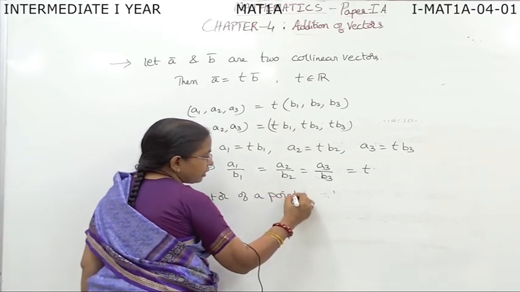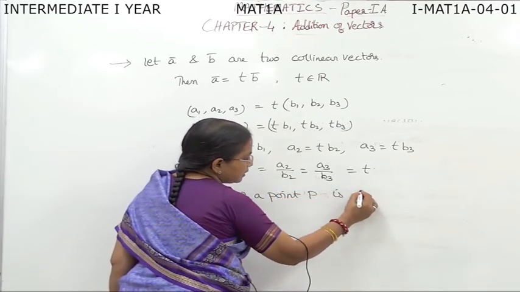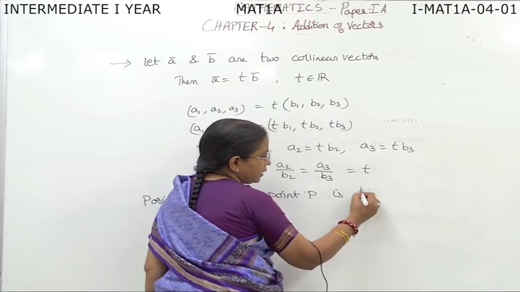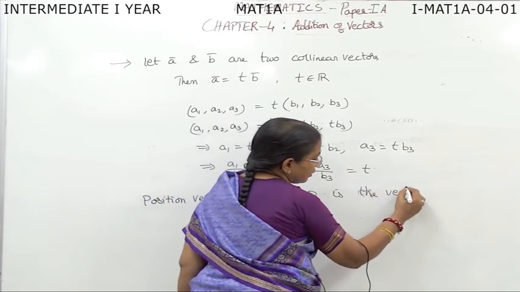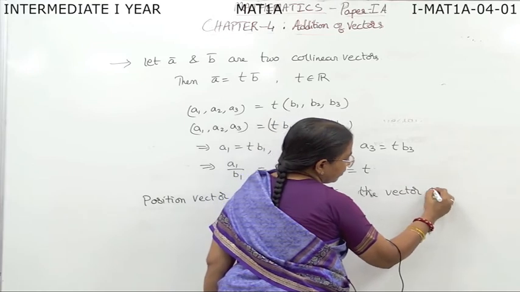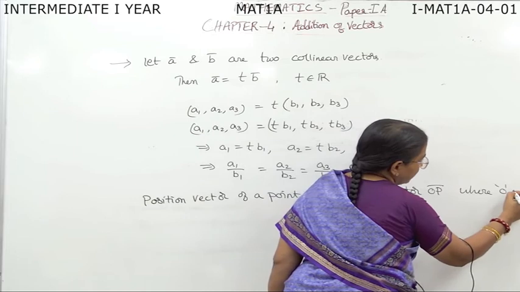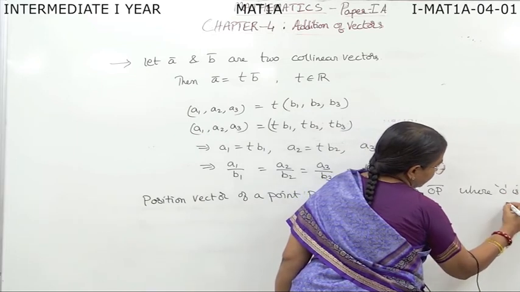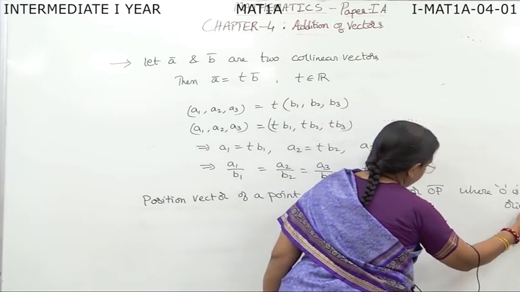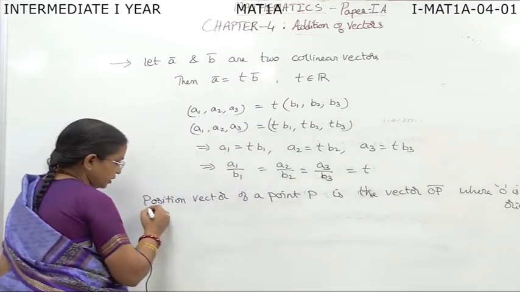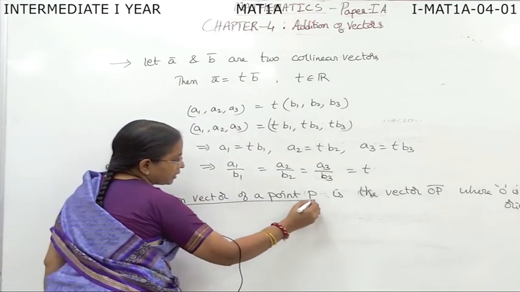So position vector of a point P is the vector OP, where O is the origin. So that is the definition.